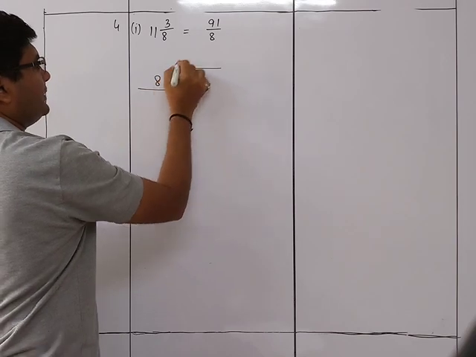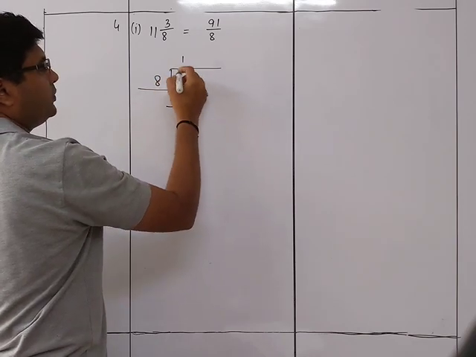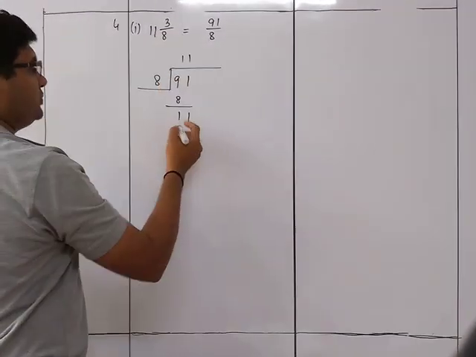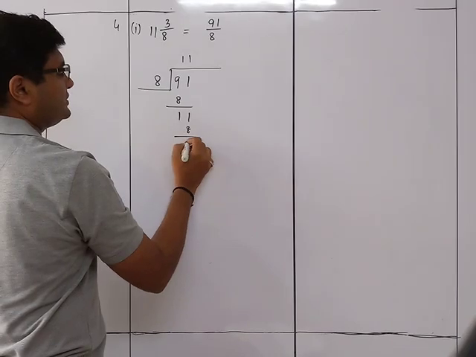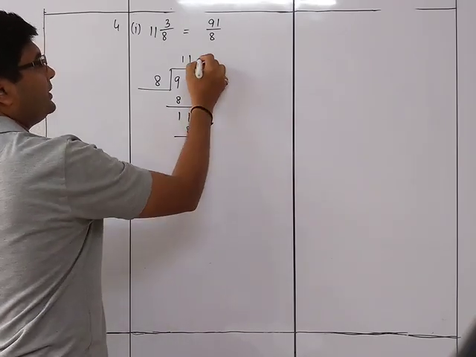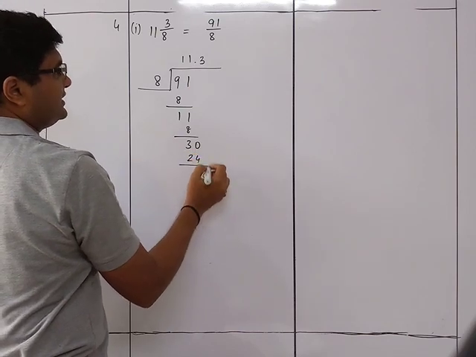91 divided by 8, 1 8s are 8. So then 1 and 1, 11, and then it will be 8 again, 1 8s are 8. So it is 3, and then point and then 0. So it will be 3 8s are 24, and then it will be 6, so 60.